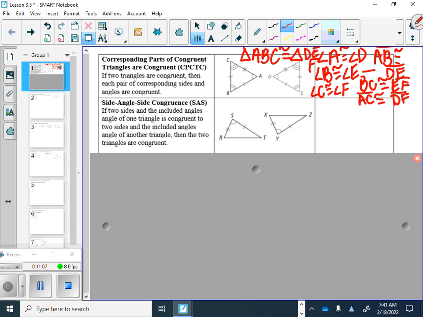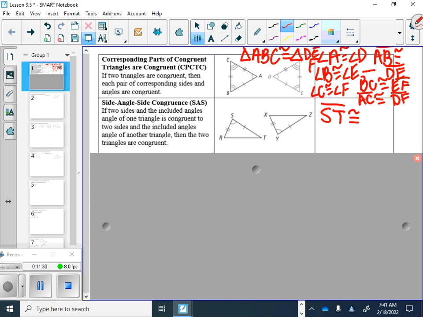Okay? So let's look at this picture right here. Let's just go in order. Side, angle, side. If I look at side ST, be careful how you do this. Name it correctly. Which side is congruent to side ST?